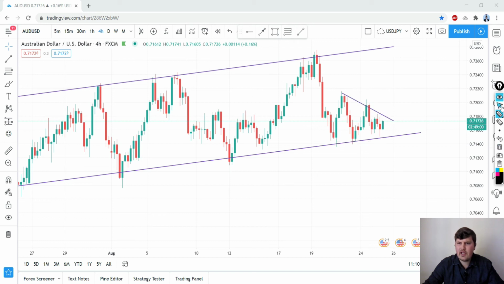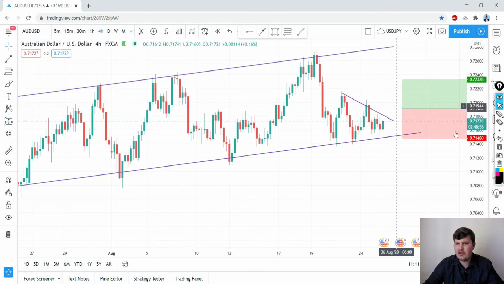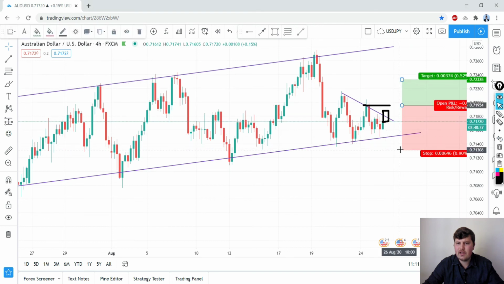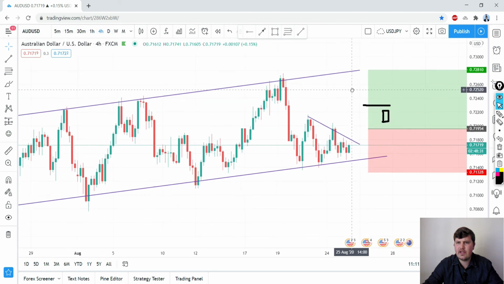So my trading plan would be to wait and see how price closes over here. If this candlestick or the following few candlesticks close above this resistance level over there, then I'm going to look for buying opportunities, stops below this swing low over there, and our target would then be the top of this channel over there.